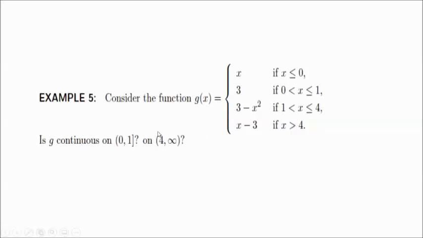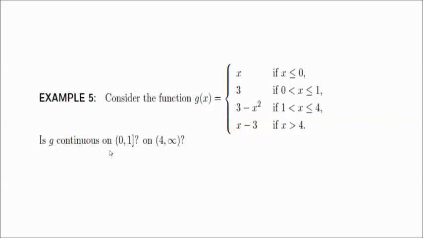How about this? Example number 5. Consider the function g of x. So piecewise. When you say piecewise, piece by piece yung functions natin. So merong corresponding functions for specific value of x or input value.